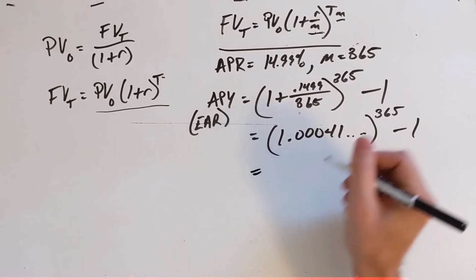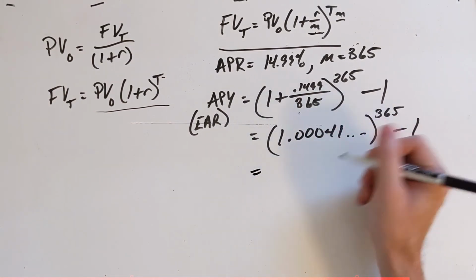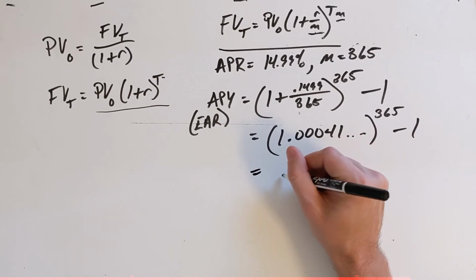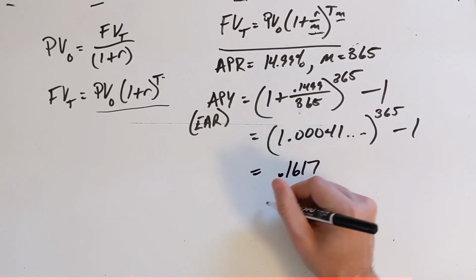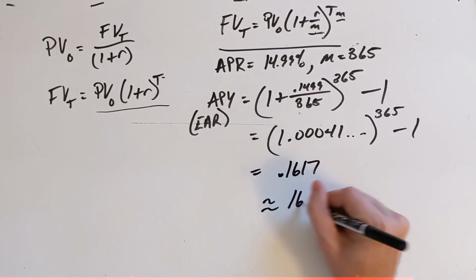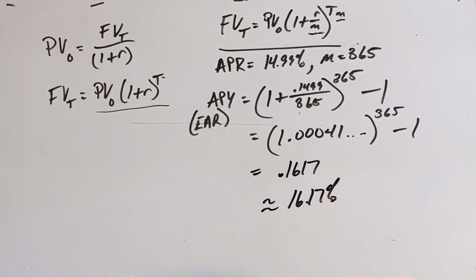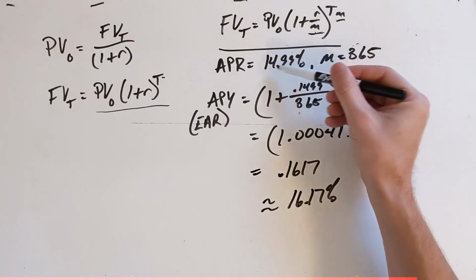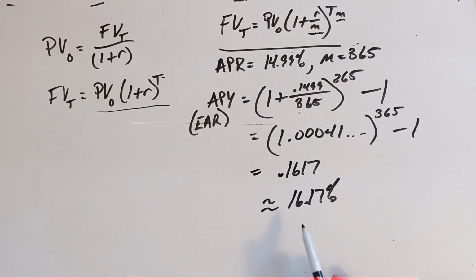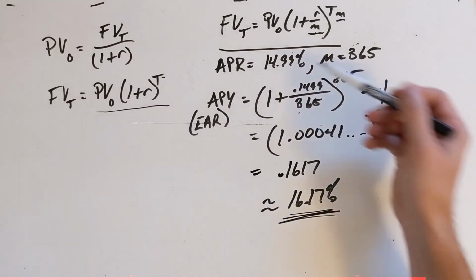Working that math, this ends up being 0.1617, or around 16.17% effective interest. So even though they're telling you it's about 15%, if you run money on that credit card and leave it, it's going to gain 16% in interest every year, not 15%.